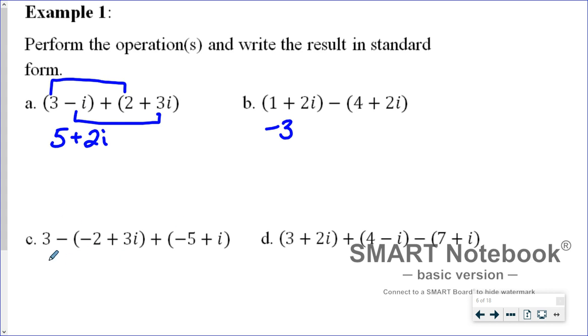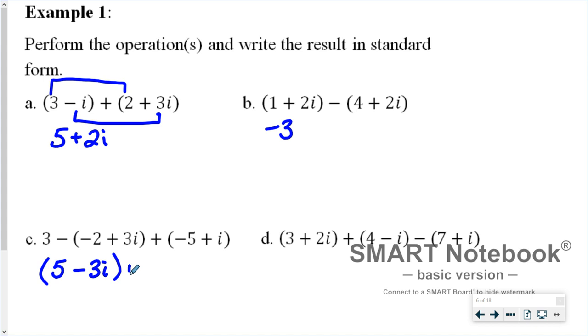Here we do need to be careful, especially when subtracting negatives. So 3 minus -2 is going to be 5. And then 0i minus 3i will be -3i.